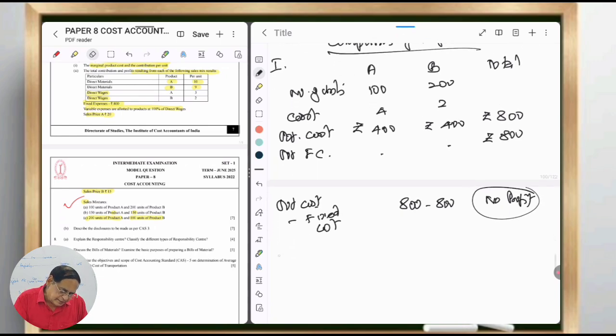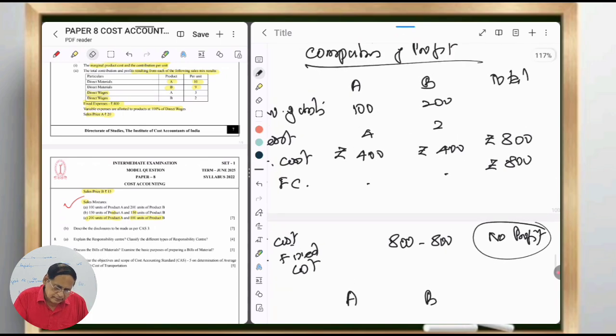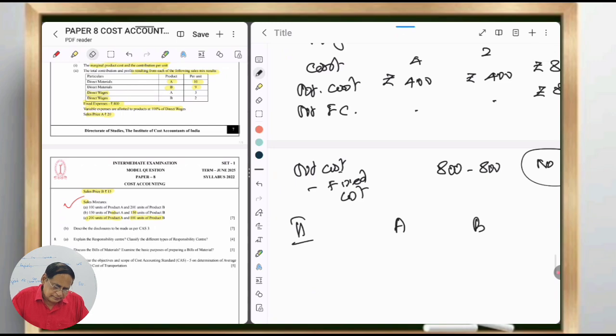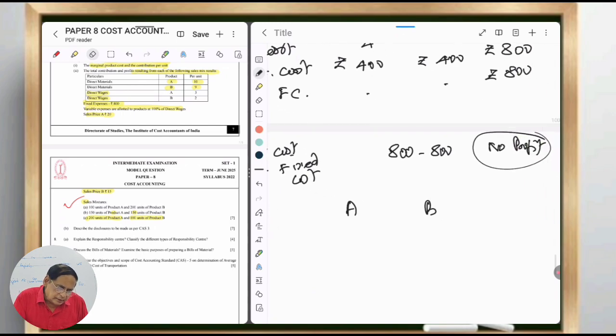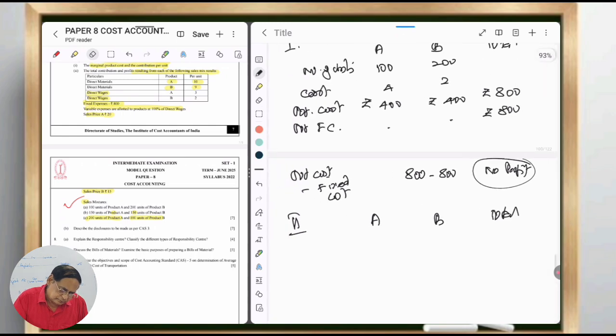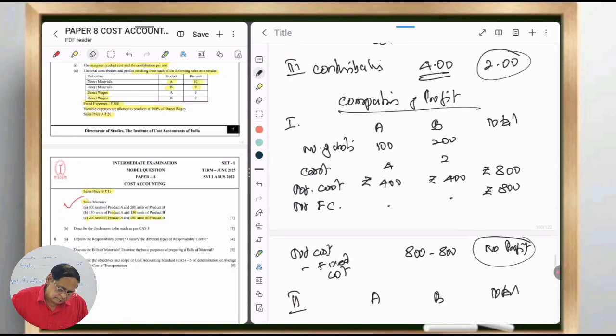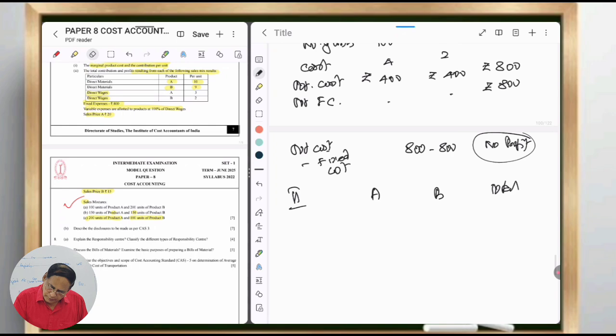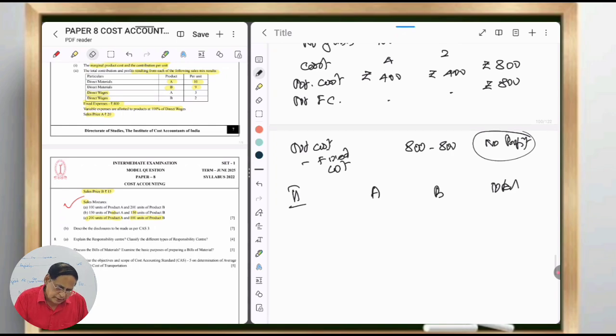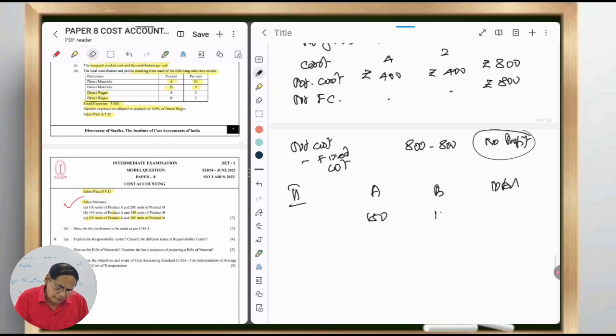And then in the second case, the same A, B and total. Number of units is 150 each. Contribution is 4 rupees and 2 rupees.